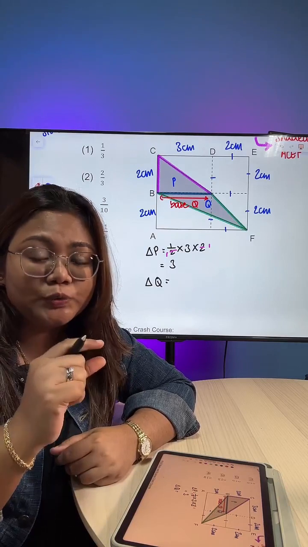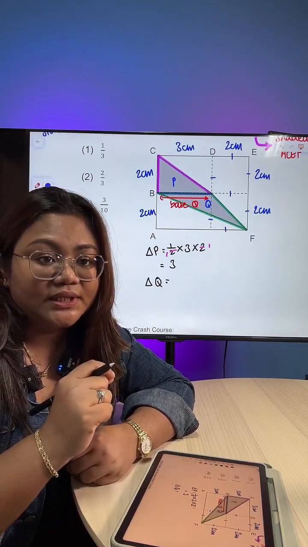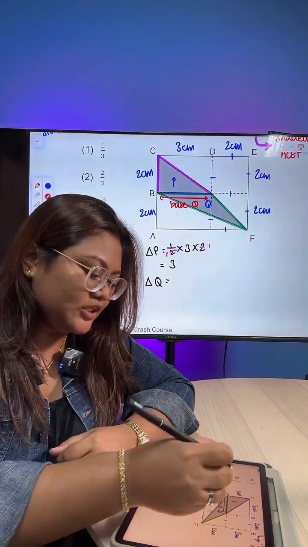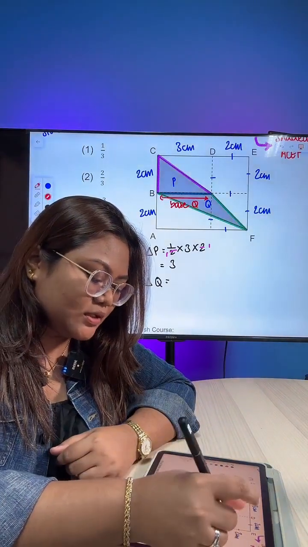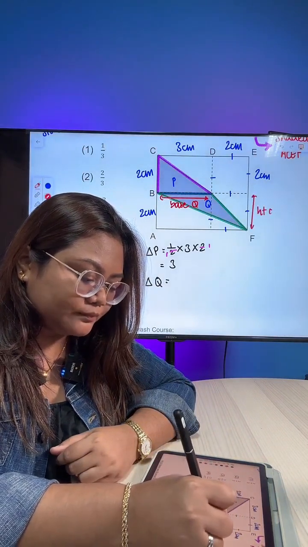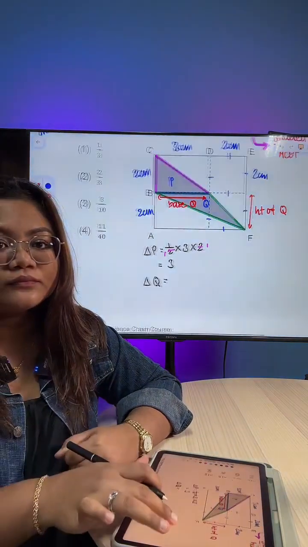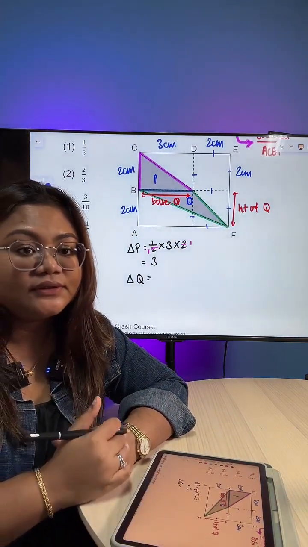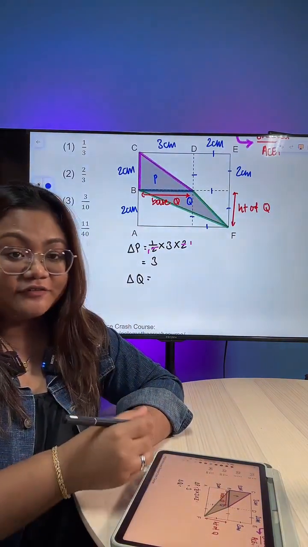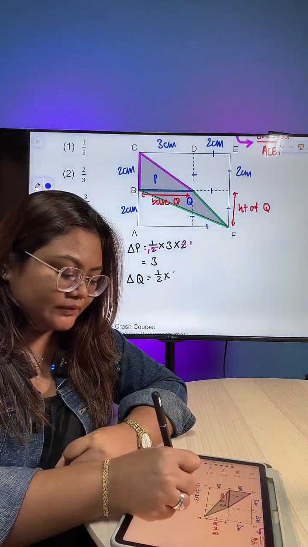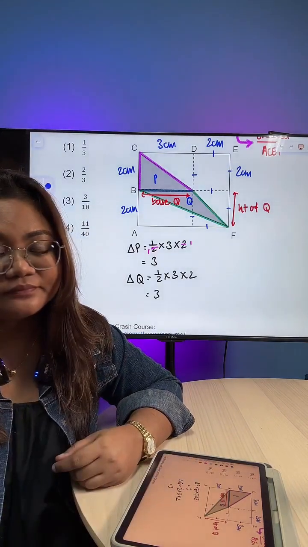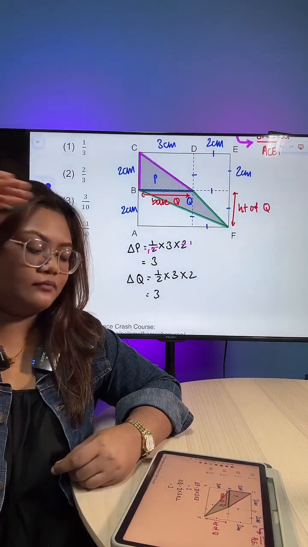The height of Q will be the perpendicular height, which is over here. This is the height of Q. Okay? Got it? Yes, it is indeed 2 cm. So, area of triangle Q will be half times base times height to also give us 3. Okay?